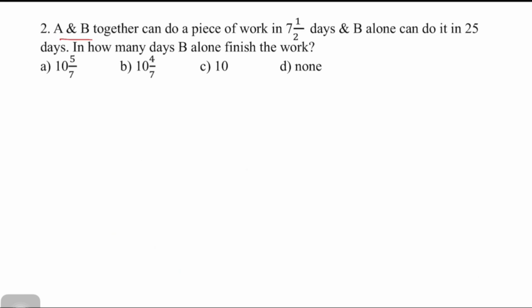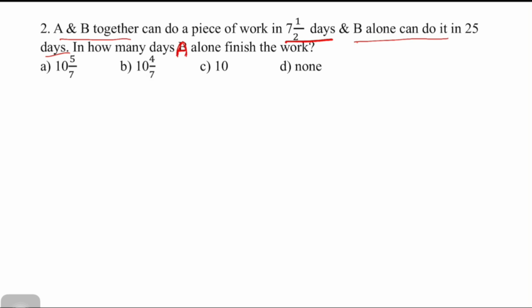If A and B together do it, they take 7.5 days to complete. And B alone can do it in 25 days. So in how many days, it should be A alone. Sorry, it should be A. In how many days can A alone finish the work?